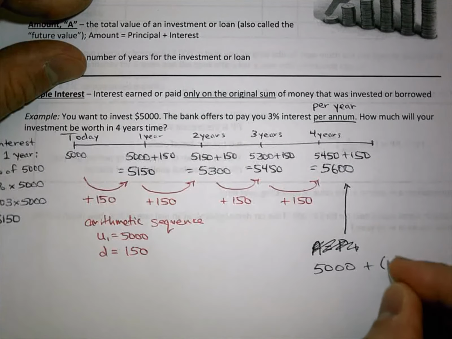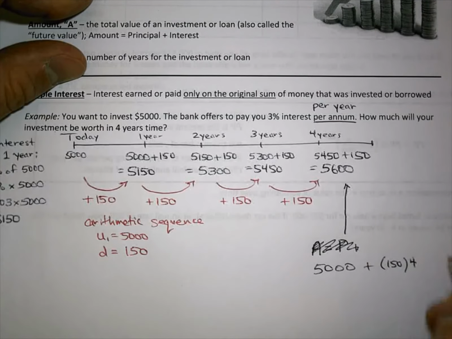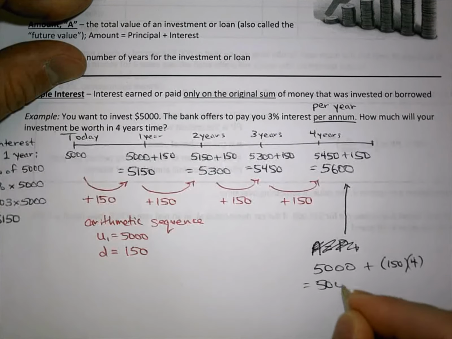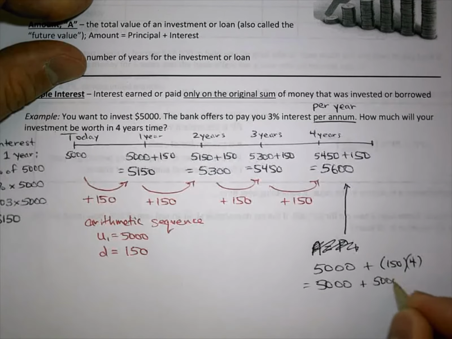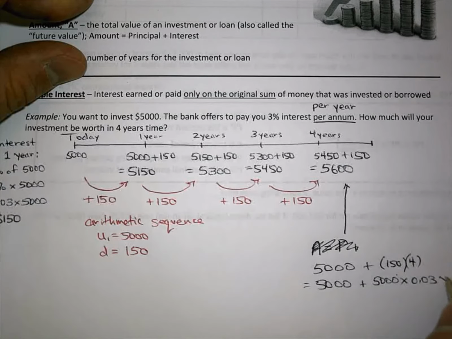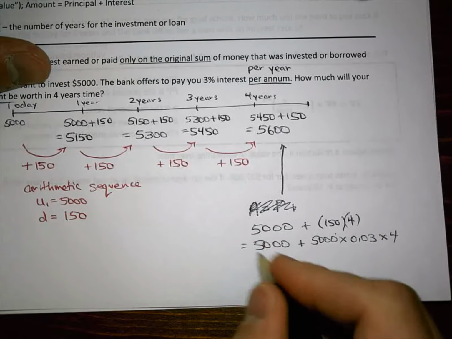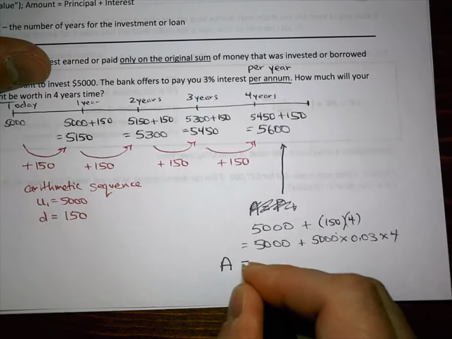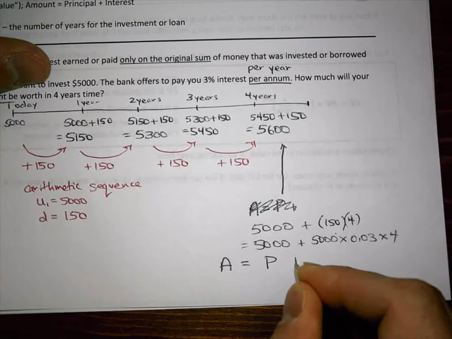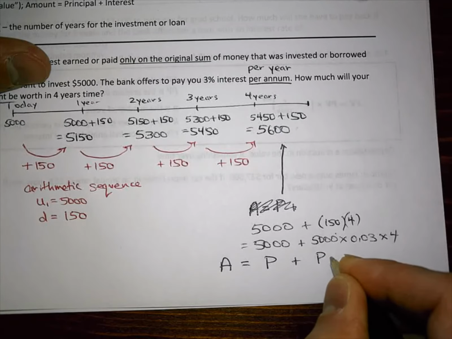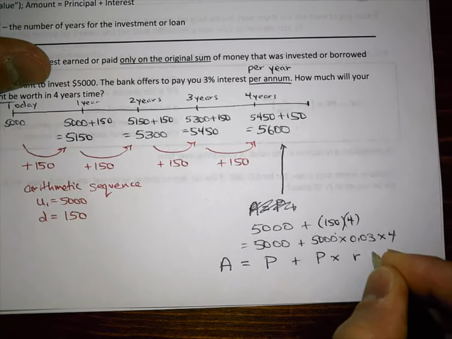So this was 150 times 4. How did I get the 150? Well, that was 5,000 times 0.03 and then times 4. So essentially, my formula is amount is equal to the principal plus the principal times the rate times time.